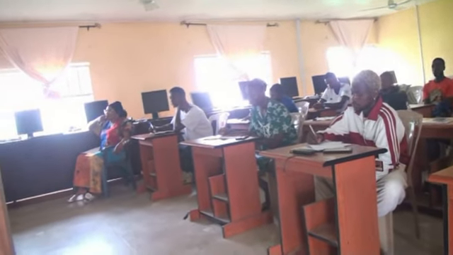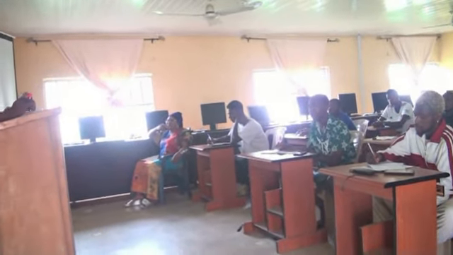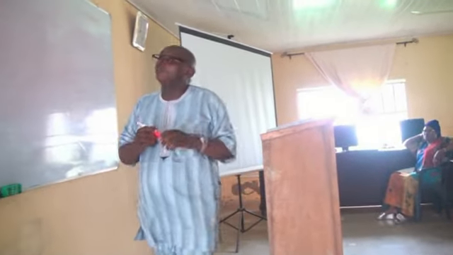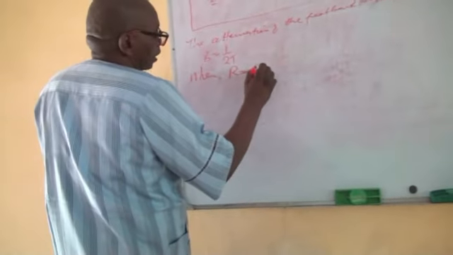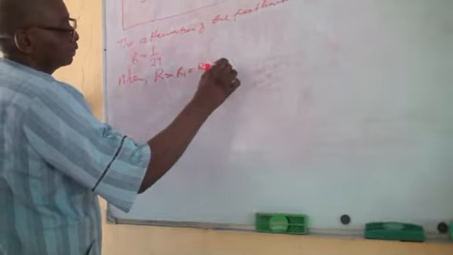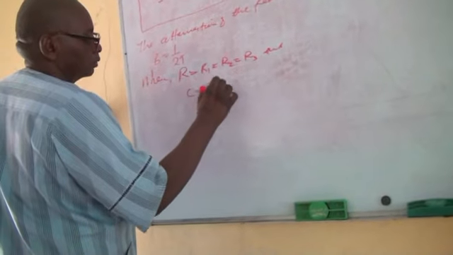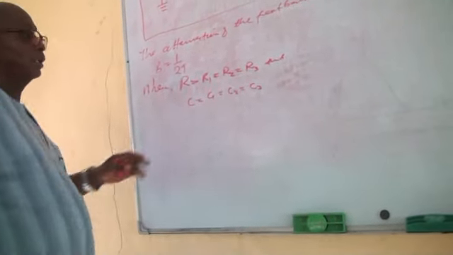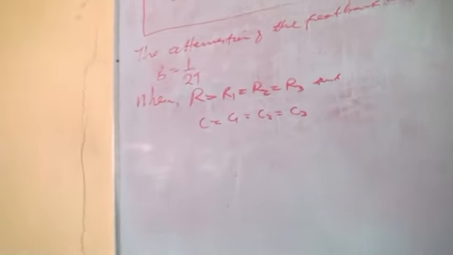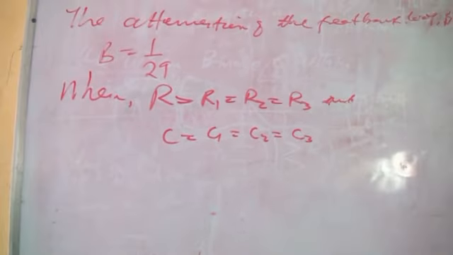The frequency of oscillation FR can also be derived from this circuit on the board, where R equals R1, equals R2, equals R3, and C equals C1, equals C2, equals C3. At this point, there will be oscillation, and it will take place very well.